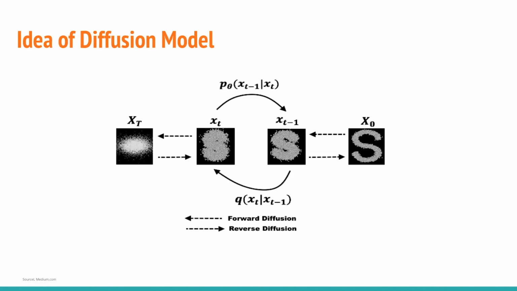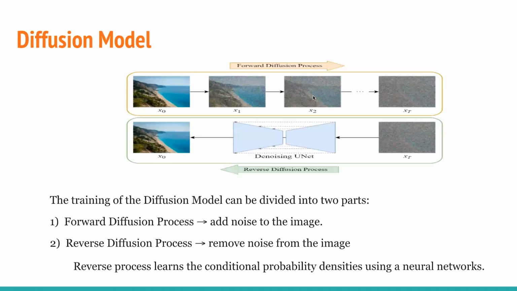So the idea is, can we take an input image and learn a forward diffusion, like, can we keep adding noise to the image and finally generate a noised image? It has two parts: forward diffusion process and reverse diffusion process.